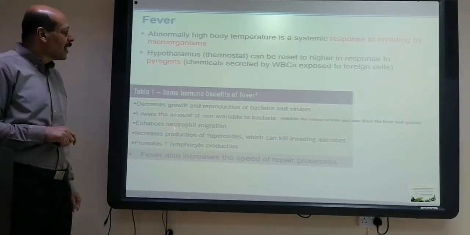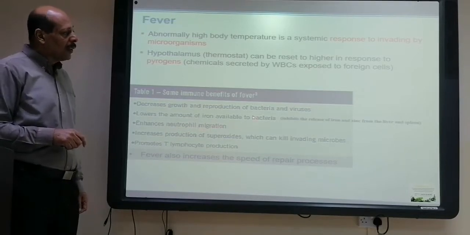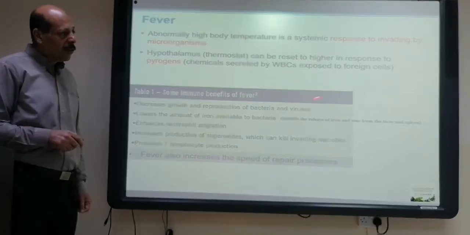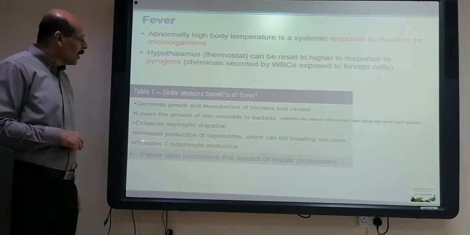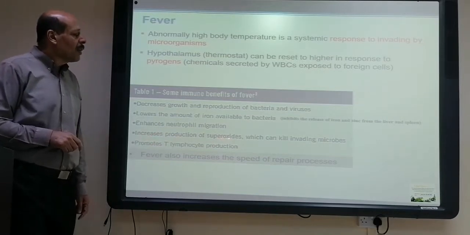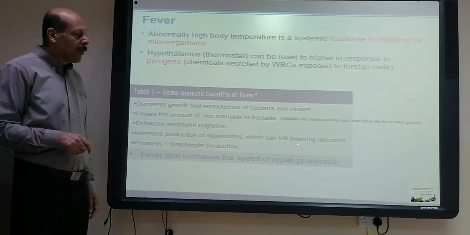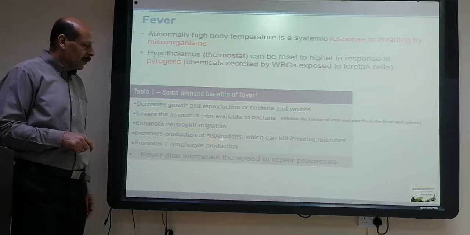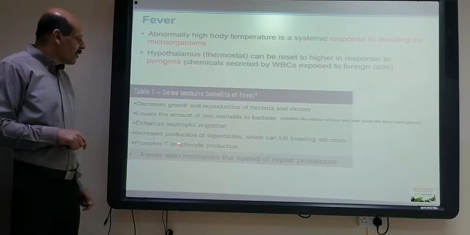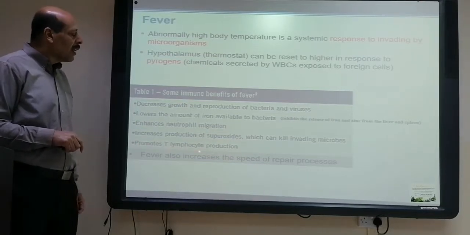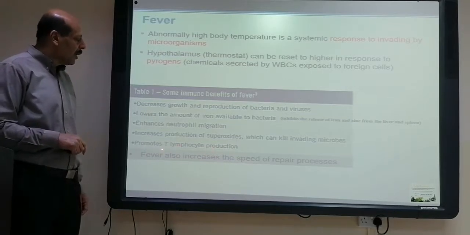Also, it enhances the neutrophil migration. So the neutrophils will migrate from the blood vessels to the tissue or to the site of injury in order to fight the infection. It increases production of superoxides, which can kill the invaded microorganism, and it will enhance T lymphocyte production.